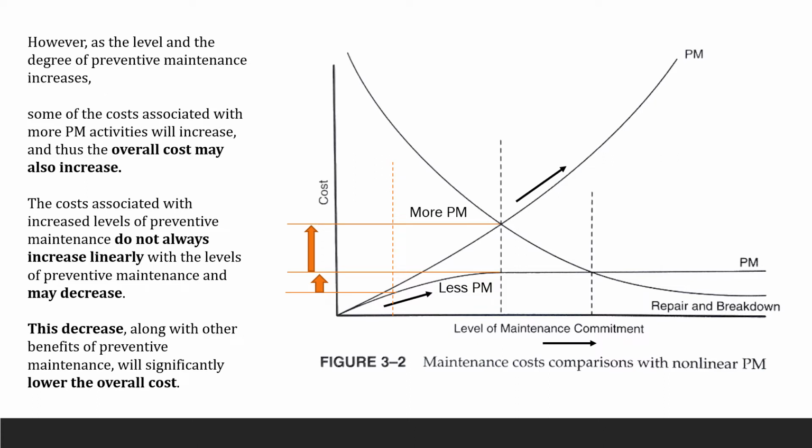Now continue to take a look at the repair and breakdown here too. If you do more PM, right at this point, you have a higher maintenance commitment level with a low cost of preventive maintenance.